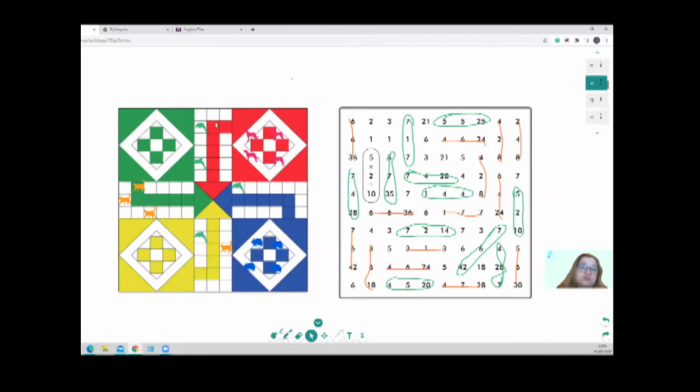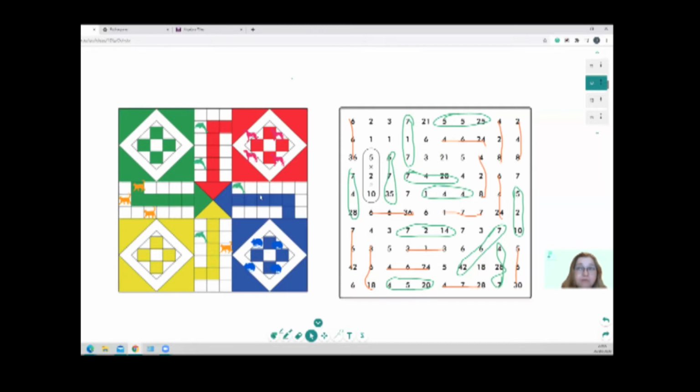Other things I use are Ludo games, and this one is in tandem with them trying to find some times table facts. If I had given them a worksheet with 20 times table facts on, almost certainly they would have just gone into meltdown and not been able to cope with that. So the higher the maths anxiety, the more unlikely they were going to be able to cope with that.